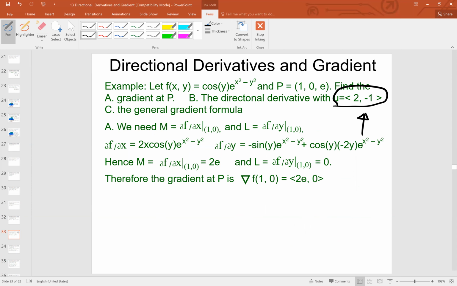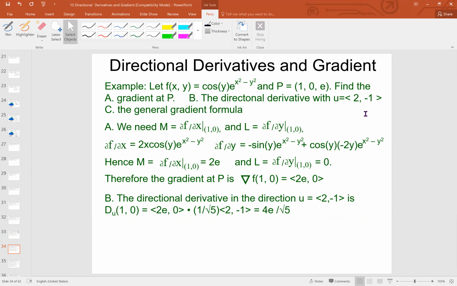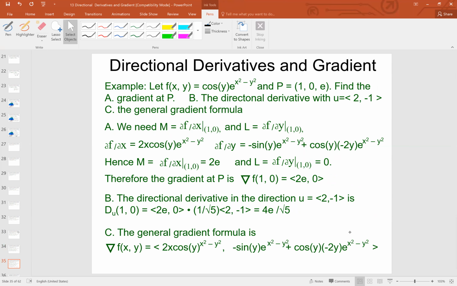You have to unitize that, and then you dot with the unit vector. The directional derivative in that direction is equal to root 1/5, the unitized vector. These are the unitized vectors of unit direction. So you dot with that and you get the directional derivative. And this is a general gradient formula with x and y, whatever x is, y is.